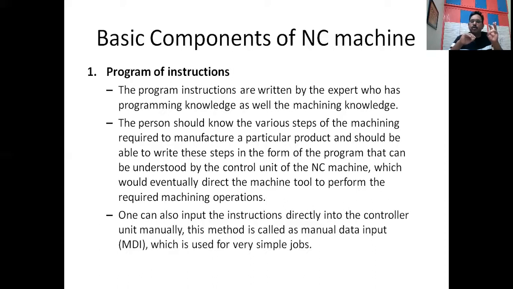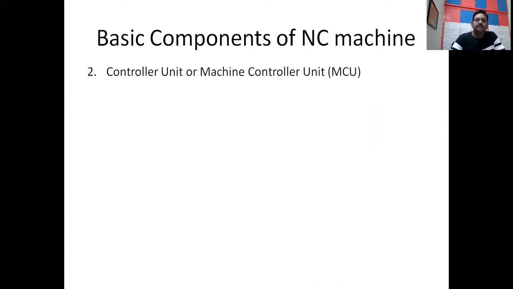One is the program of instructions, second is the machine control unit, third one is the machine tool. In the machine control unit, if we can directly insert the instructions, then the job will be very easy. We can eliminate the program of instructions separately. We can directly give them on the control unit itself. So that is a later development of NC machines.